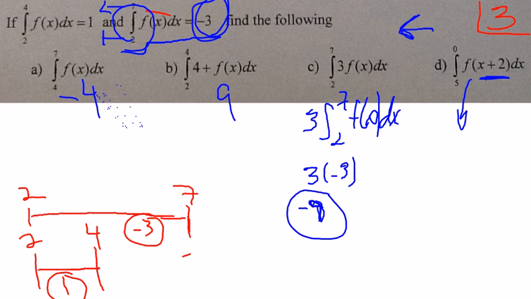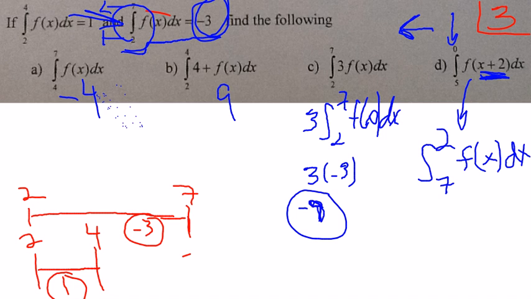What I'm going to do is get rid of the x plus 2. I'm going to add 2 to each of these limits. So what that gives me is the integral from 7 to 2 of just f of x dx. From here, I have the integral from 2 to 7 right there. So I'm just going to make it negative and change the order of the limits.